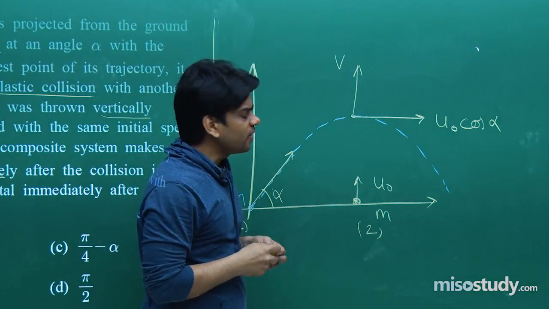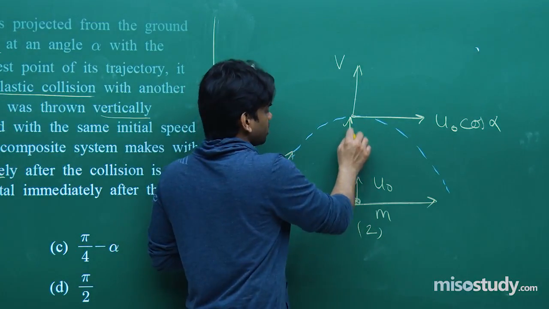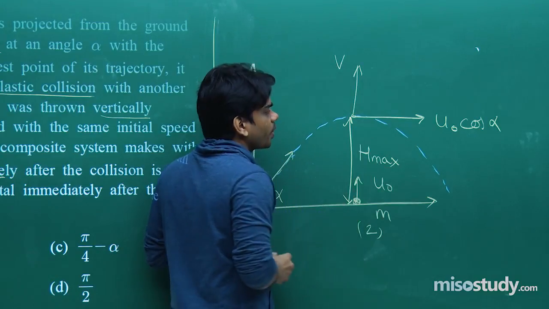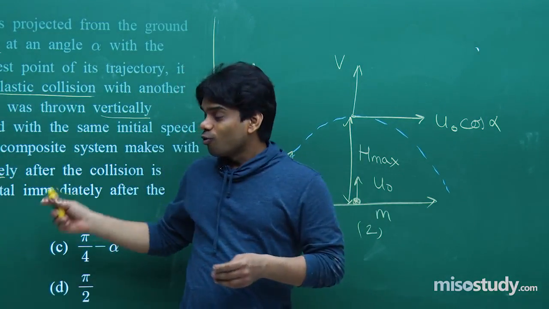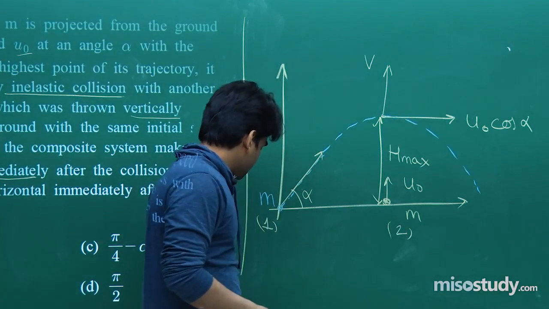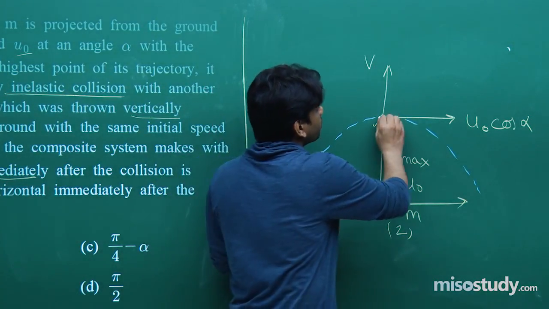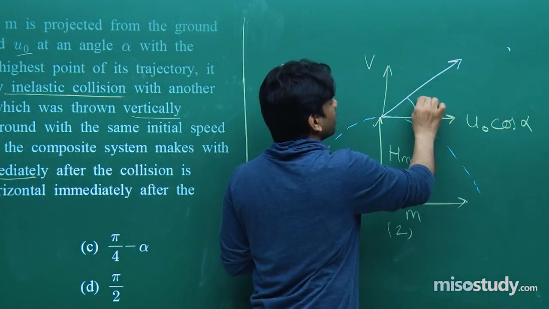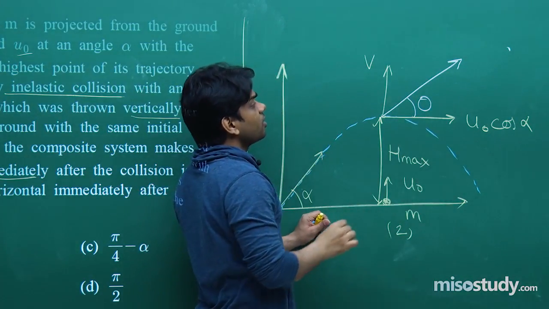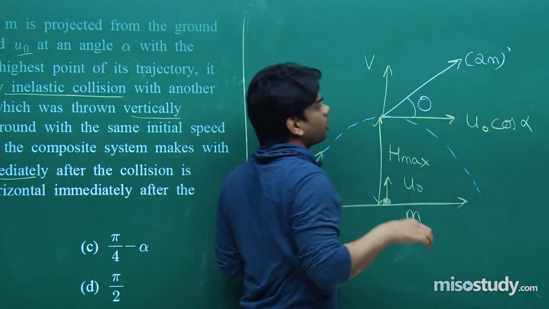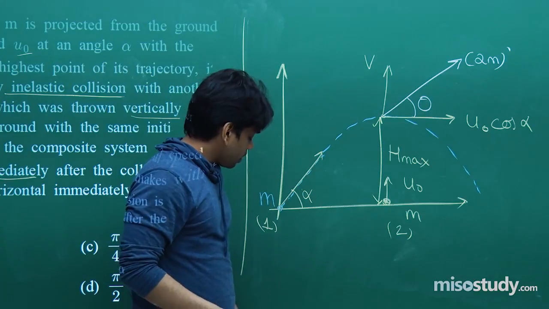We can already evaluate this by knowing the maximum height formula, h max. We need to find out what angle they make now, as they become a composite body and fly off together. As they fly off, they will move together, let's say making an angle theta, and this is a composite body, so its mass will be 2m, with some velocity it will fly off.